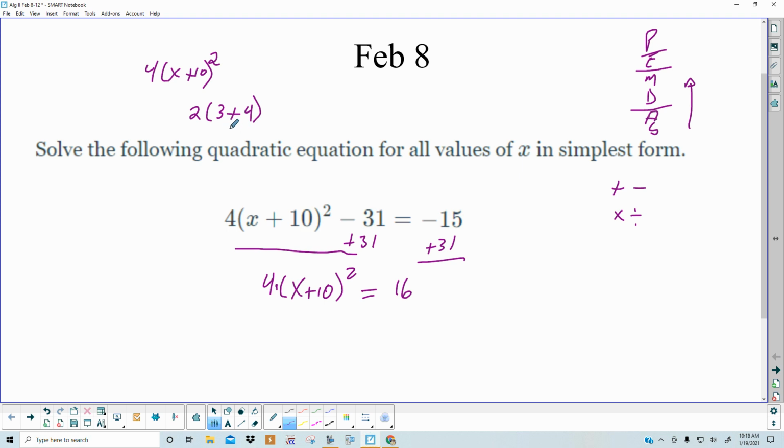Okay? So a quick example would be 2 times (3 plus 4). If I start on the inside, I know that that's worth 7, so I get 2 times 7 is 14. If I distribute that, I get 6 plus 8, which is also 14. But if I have 2 times (3 plus 4) squared, I have to do the work inside first.